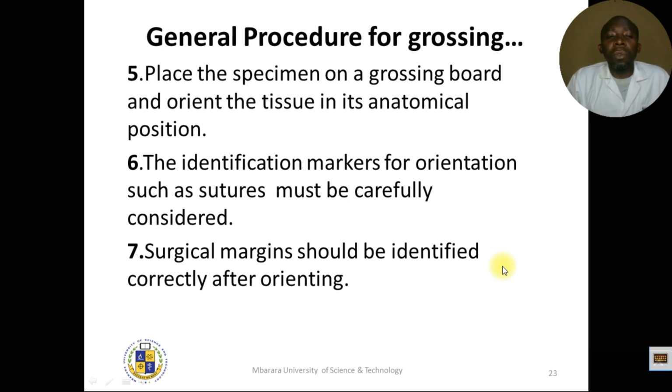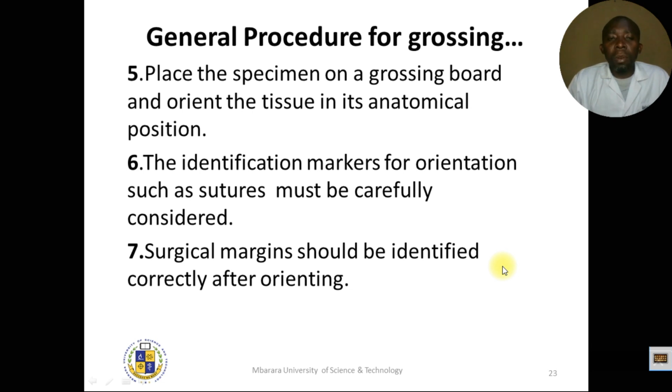So if you have a biopsy, a specimen before you, and in this case it is a breast, you need to put it on the grossing board in its former anatomical position so that it appears as if it is still on its original body before it was removed. That's what we mean by the anatomical position.